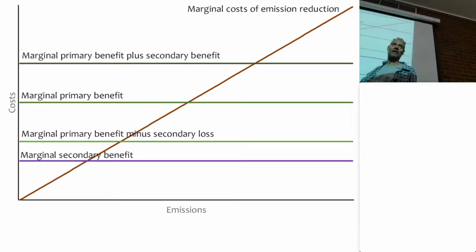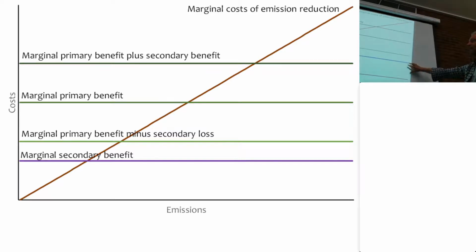But there's two benefits, right? There's the primary benefit of avoiding climate change, and there's the secondary benefit of doing things with your air pollution. And that's the purplish curve that you see here.